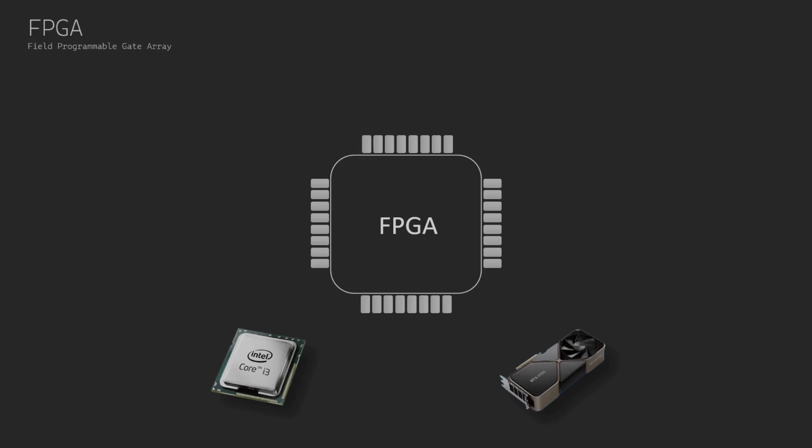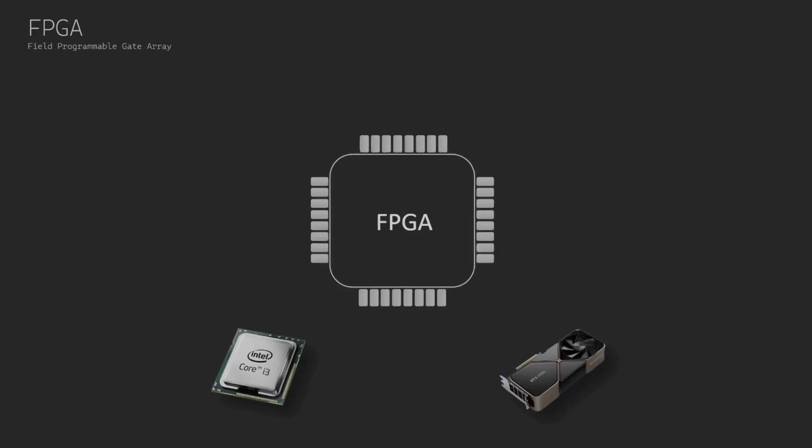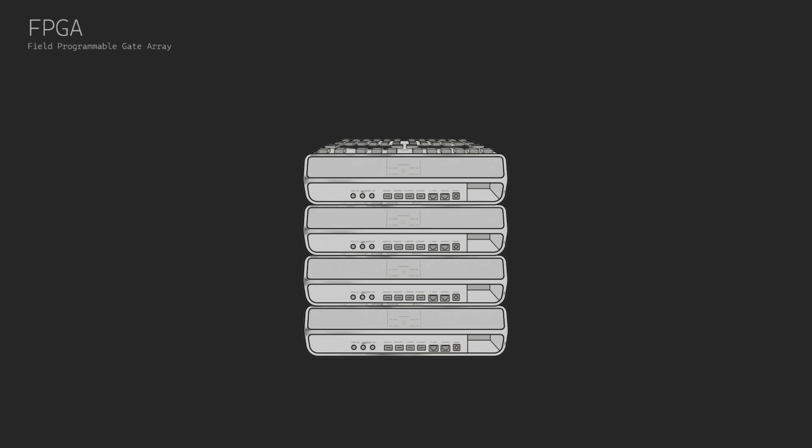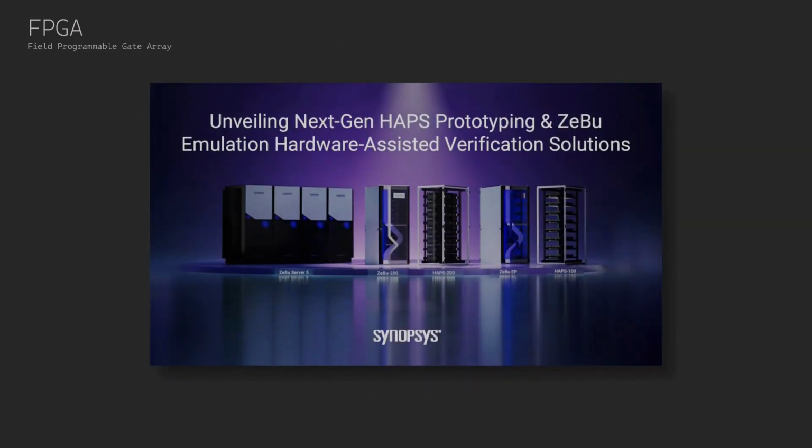But we can prototype them at lower operating speed using multiple high-end FPGAs. Intel and NVIDIA also use FPGAs to prototype their designs before building the actual ASIC chip. They call it pre-silicon prototyping and verification. They use multi-FPGA boards, for example, HAPS and ZeBu systems from Synopsys.